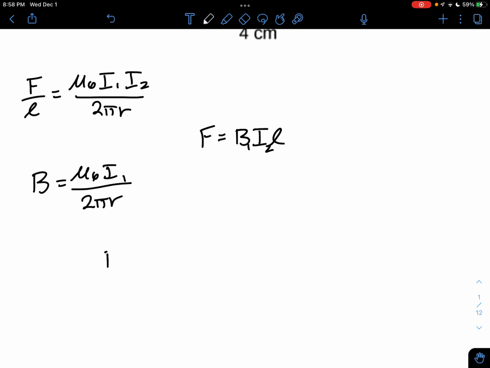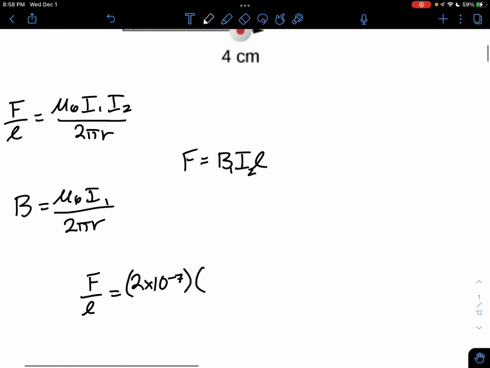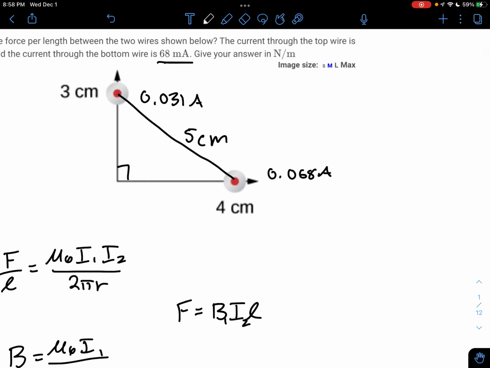So our force per length is, again, our mu naught over 2 pi simplifying down to 2 times 10 to the negative 7th, times our I1, which, it doesn't matter which one's which, because force on one is equal to the force on the other because of Newton's laws.